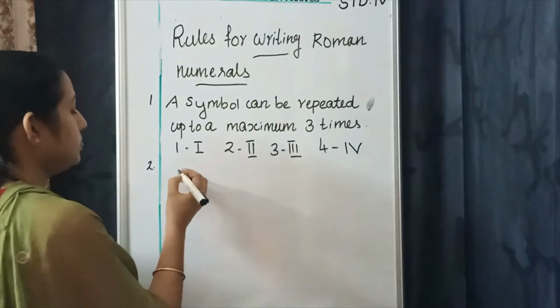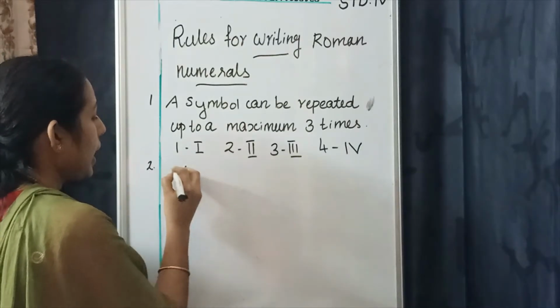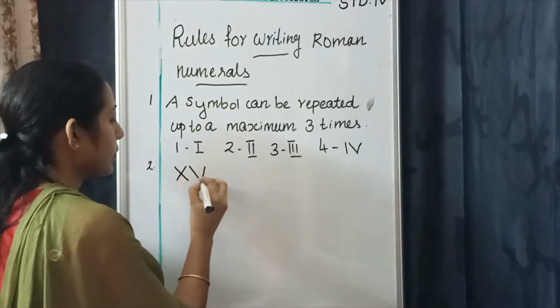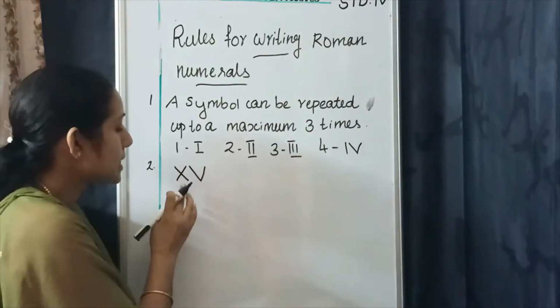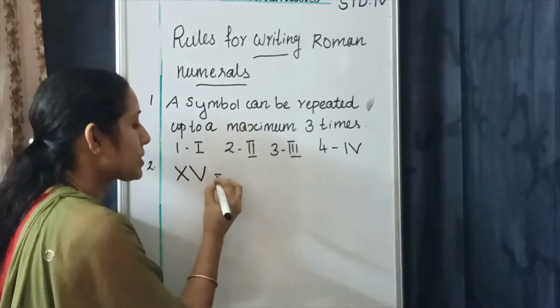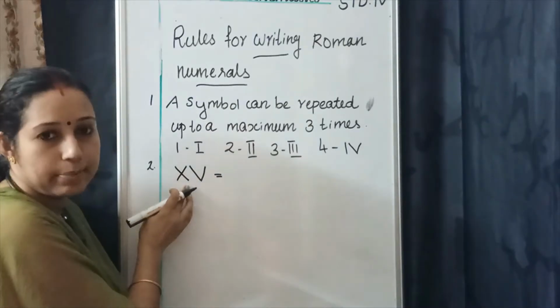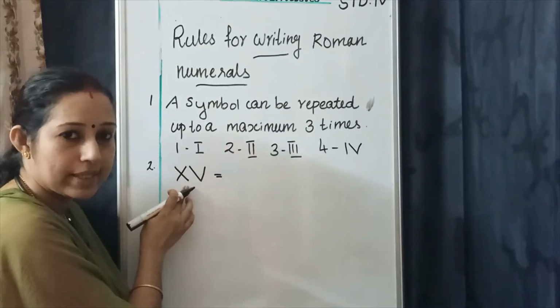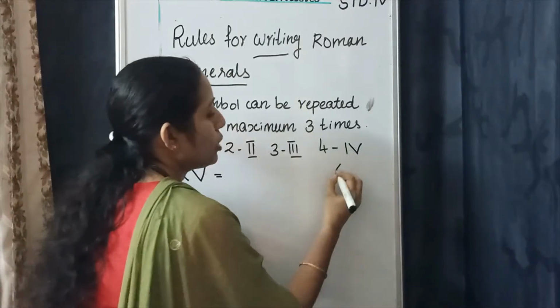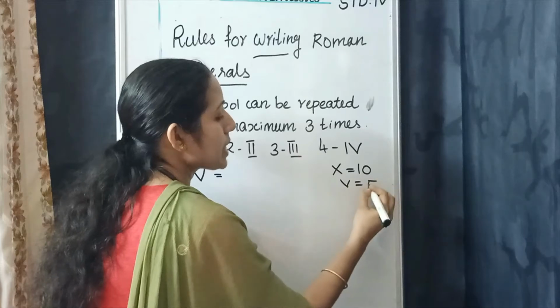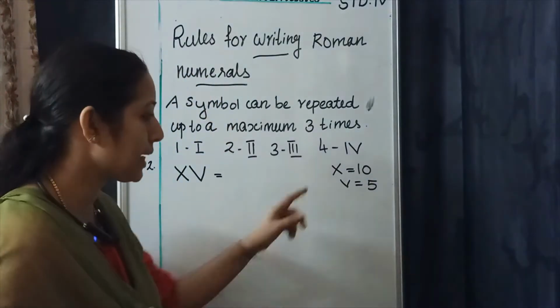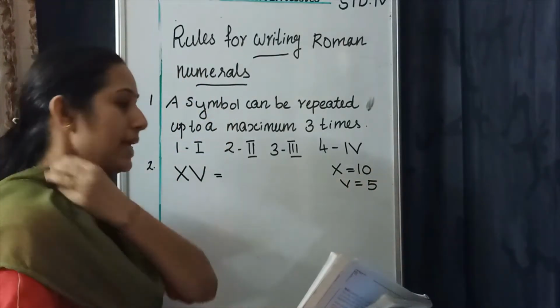For example, XV. What is the meaning of X? Here X is 10, the value of X is 10, and the value of V is 5. Which is the greater value, 10 or 5? Yes, 10.